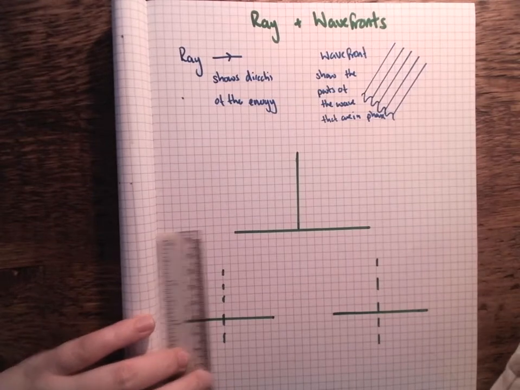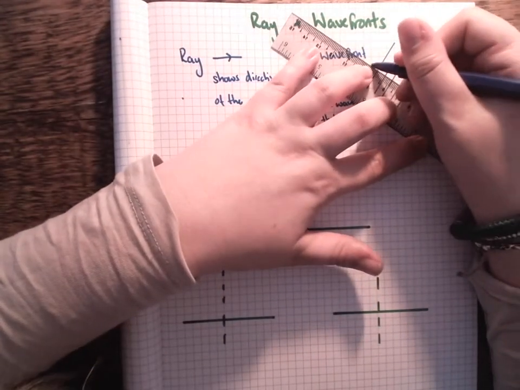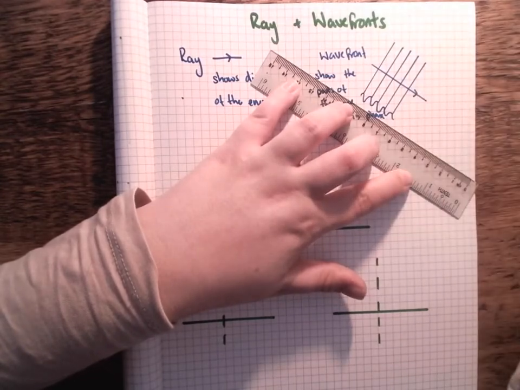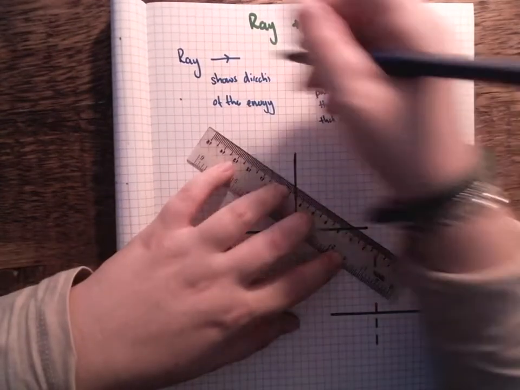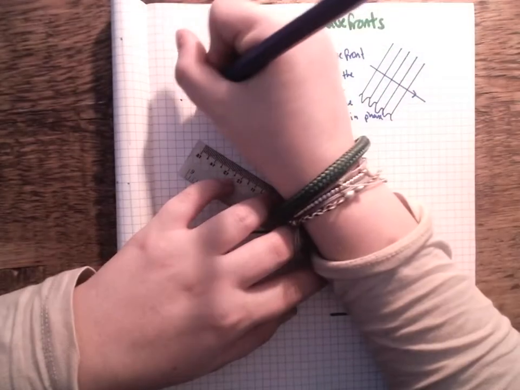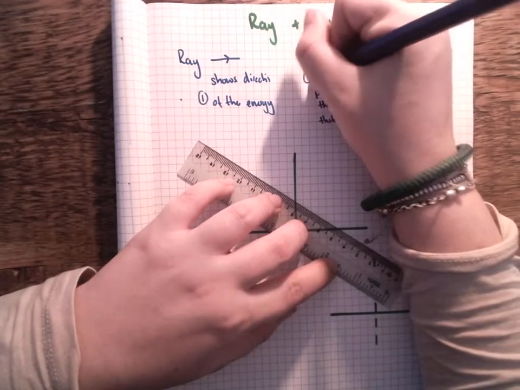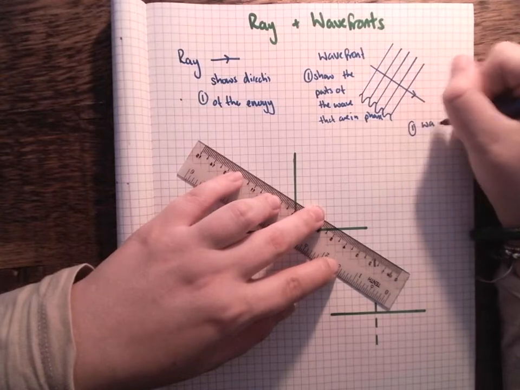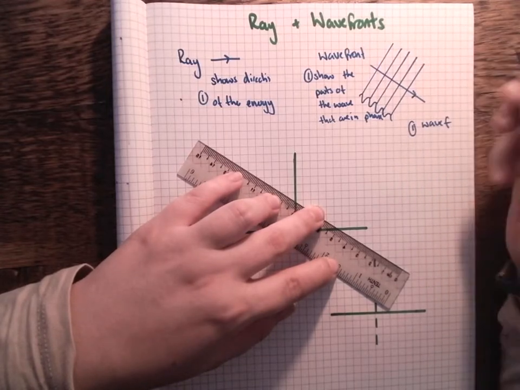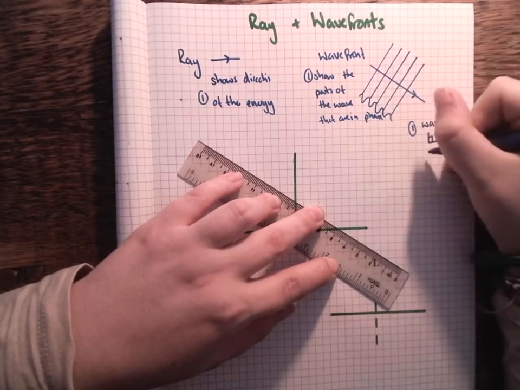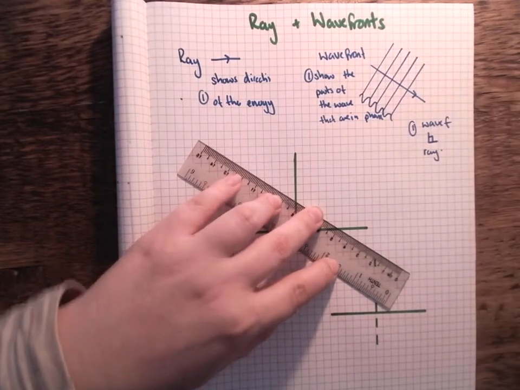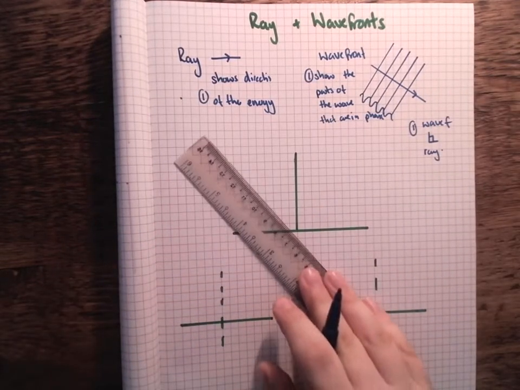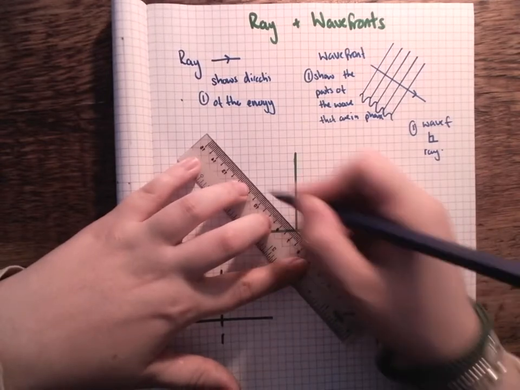The other thing to notice is that the wavefront is also perpendicular to the ray. So that's usually a 3 marker. You get a mark for saying the ray, a mark for saying the wavefront, and your third mark comes from saying that the wavefront, I'm just going to write wave F right there, is perpendicular to the ray.